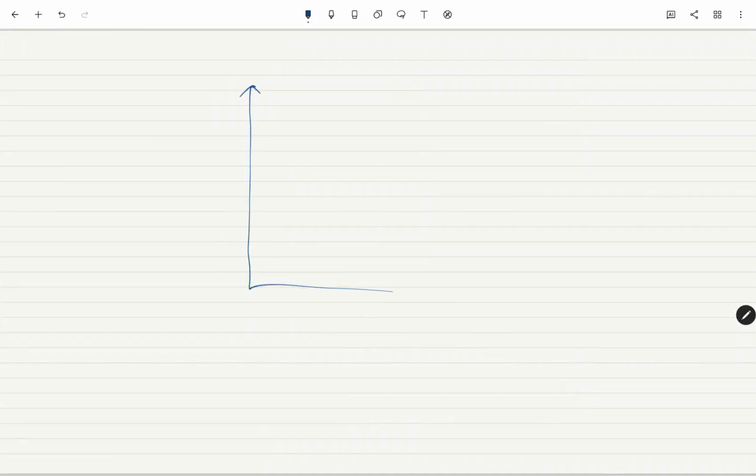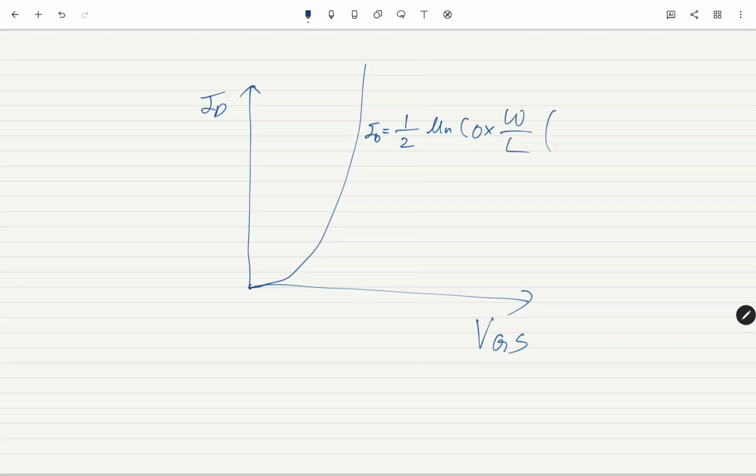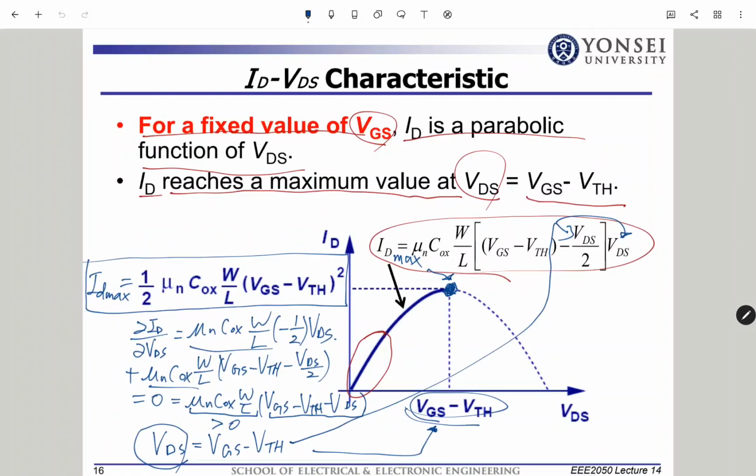So now, if we plot ID versus VGS, it looks like this. Why? Because ID is equal to half times mu n C ox W over L times (VGS minus V threshold) squared. Quadratic equations, non-linear equations. So now let us plot.